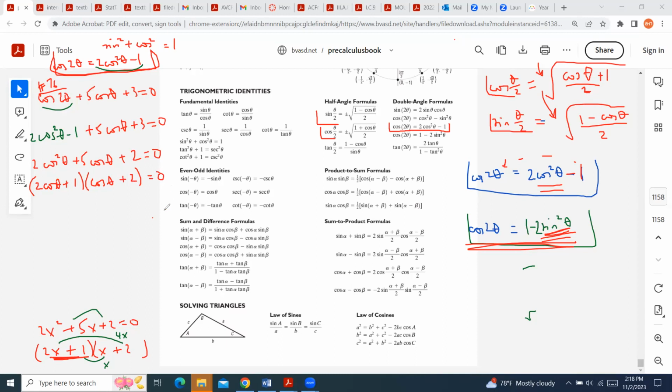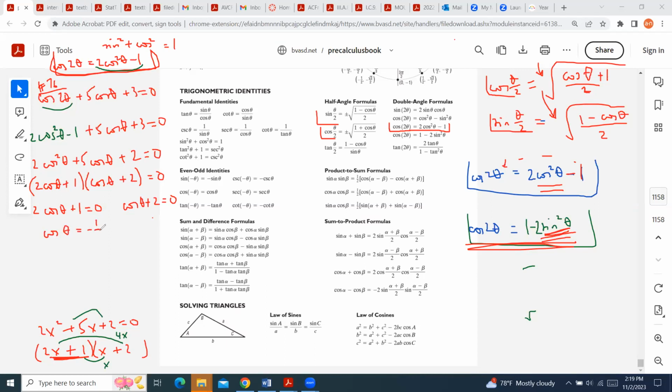And this is a great start, because now I'm going to have to set each of those equal to 0. So either the first or the second. And then, well, see if I can solve these, if they have solutions. So cosine theta is negative 1/2.